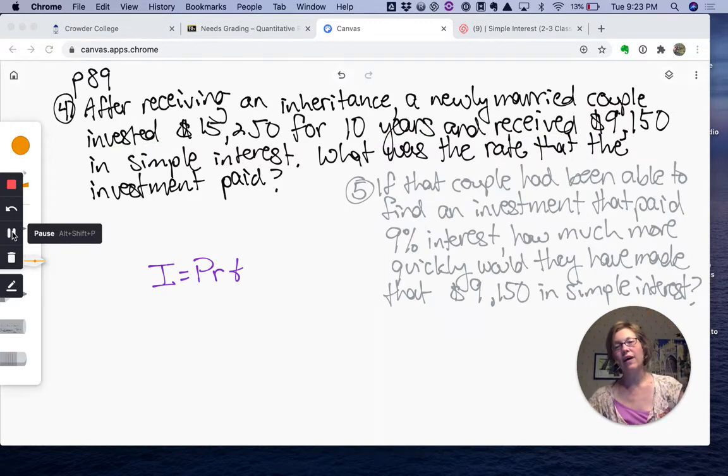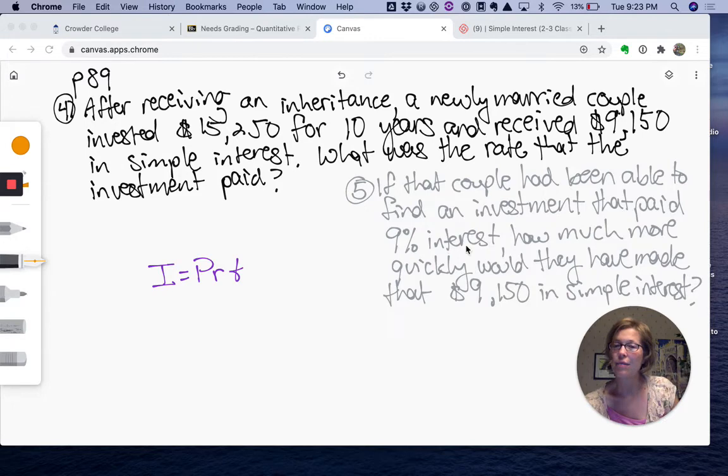Take a look at number 5. Number 5 is building on number 4. Same situation, same couple, same original amount of money to invest. They're saying, what if instead, it was a 9% interest, and they stopped at that same final amount.